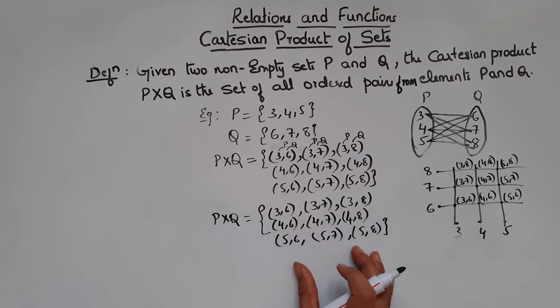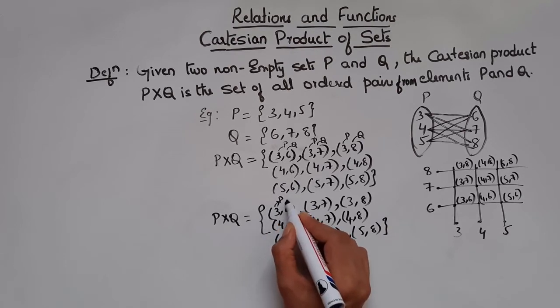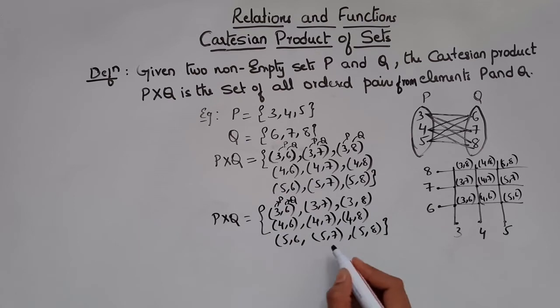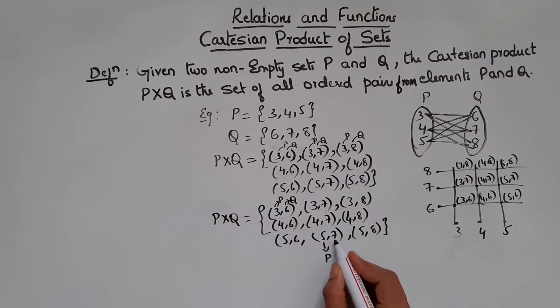So in these ordered pairs, the first element of each pair belongs to the first set, here the first set is P, and the second element of each pair belongs to set Q. Here if you see, this 5 belongs to set P and this 7 belongs to set Q.